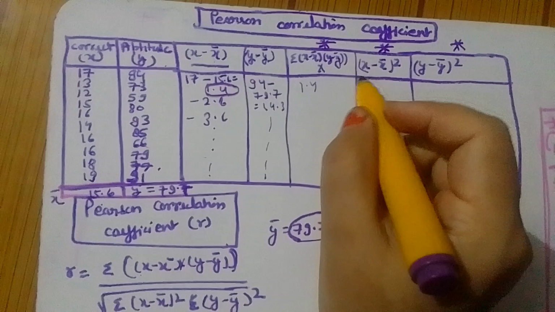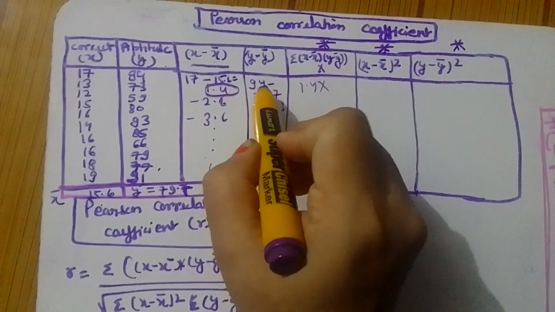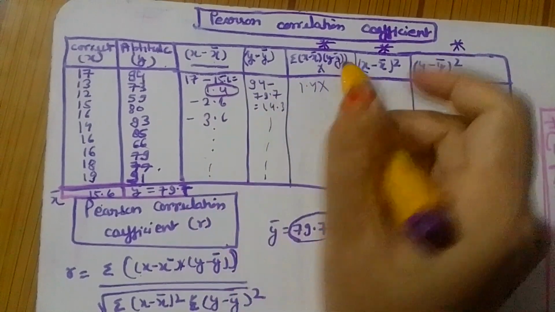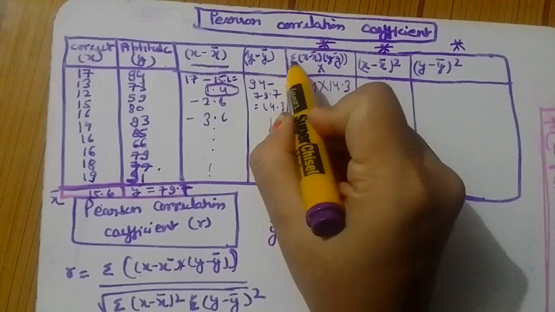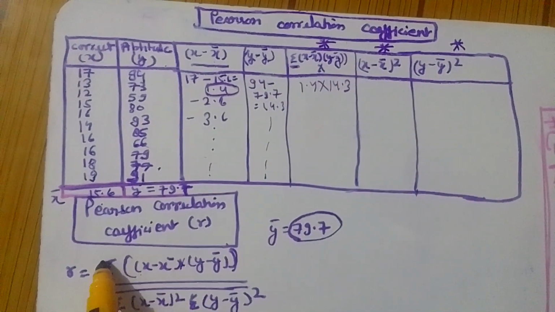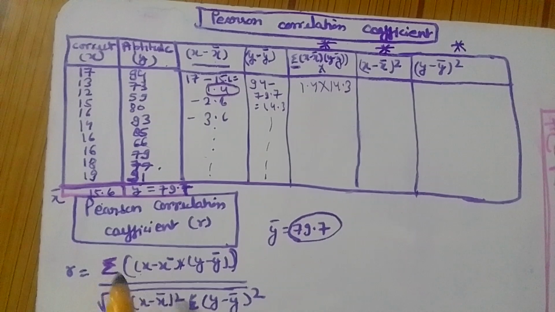1.4 multiply y minus y bar, how much is it? 14.3. And this is the sign of summation. Summation means addition.